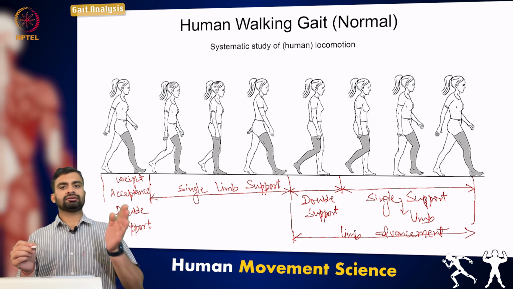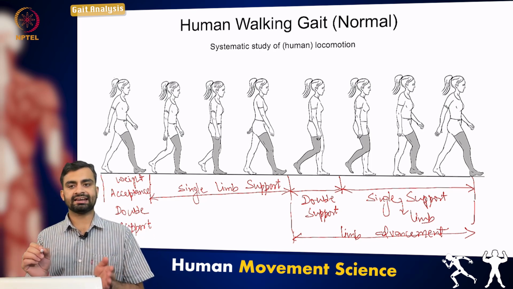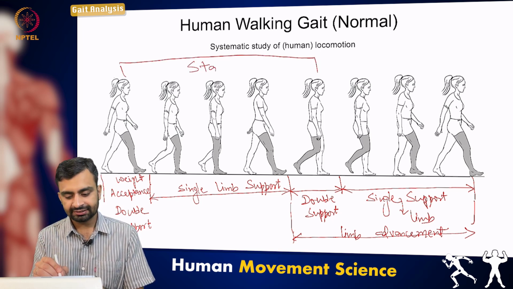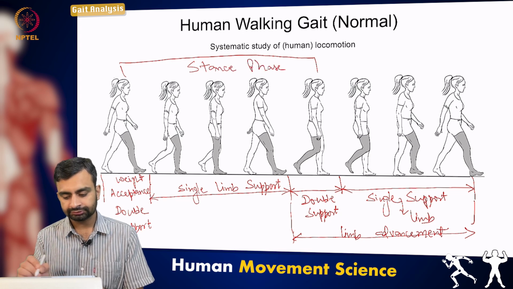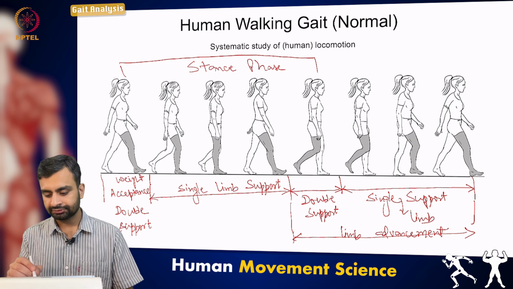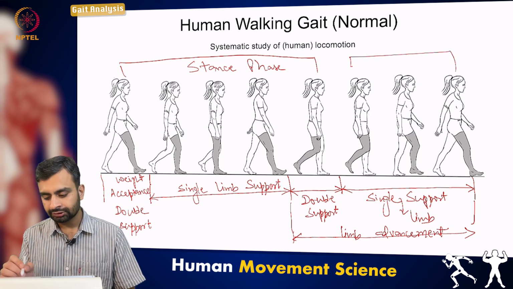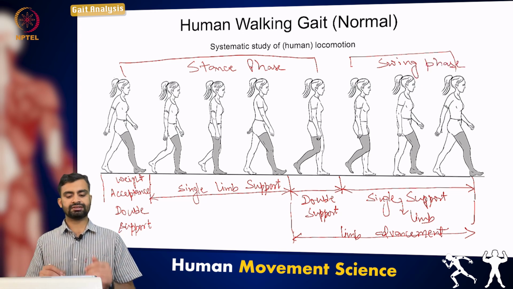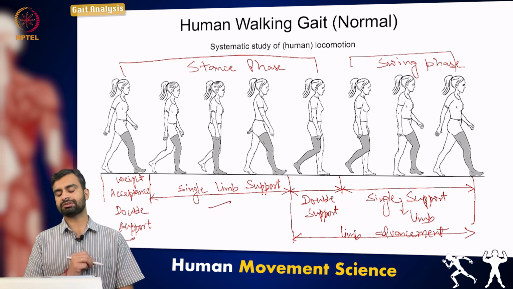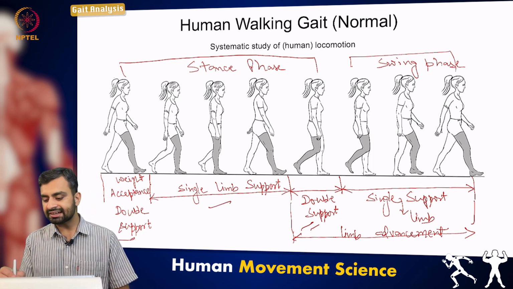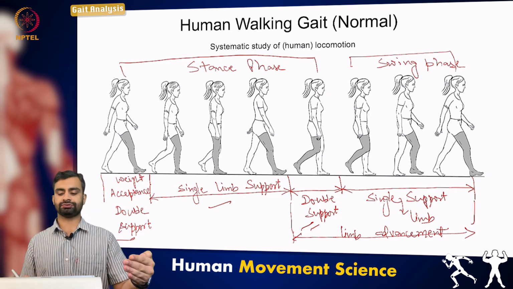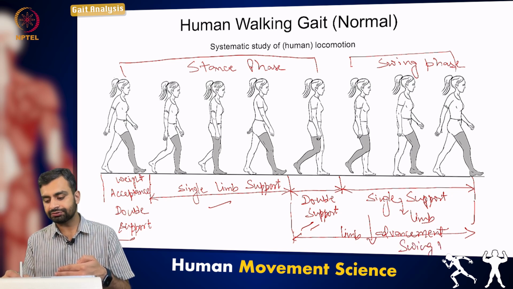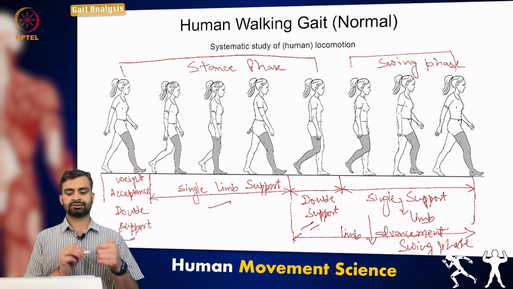So what we did is we divided the whole gait cycle into stance phase followed by our swing phase, and then it can be further divided into first double support, then single limb support, second double support, and single limb support for the contralateral or the opposite foot, which is also known as the swing phase for the same foot which was previously in stance phase.